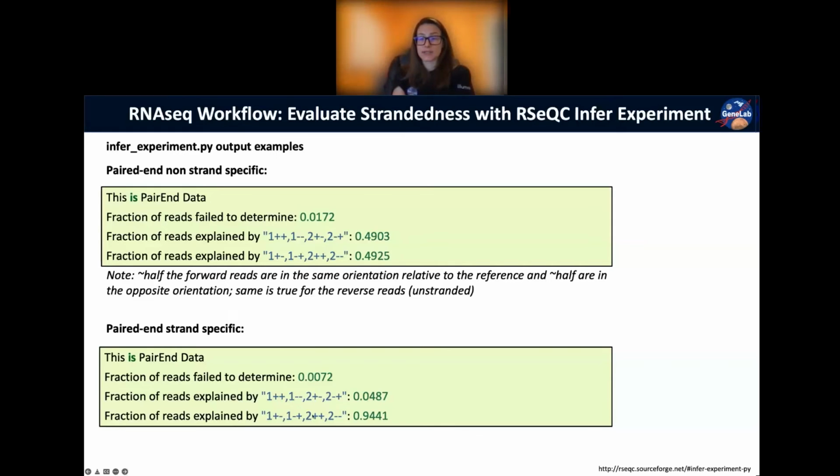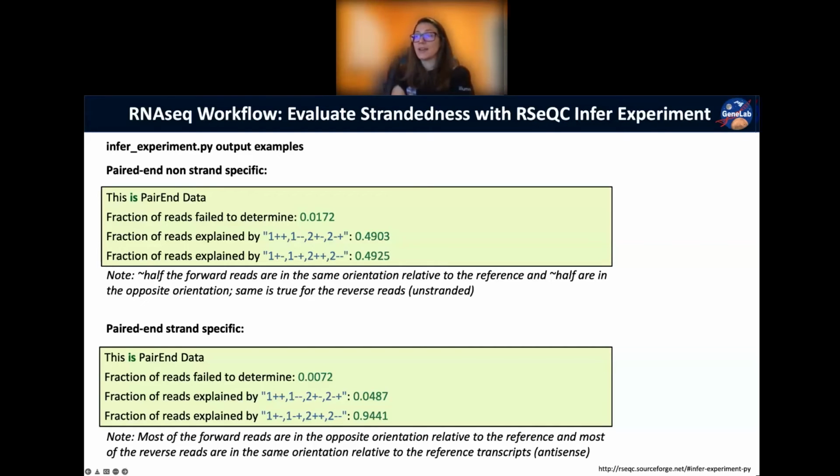And then you see the opposite for your reverse read. Anytime the reference is in the positive direction, your reverse read is also in the positive direction. Here, anytime your reference is in the negative direction, your reverse read is also in the negative direction. So in this case, most of the forward reads are in the opposite orientation relative to the reference, and most of the reverse reads are in the same orientation relative to the reference.